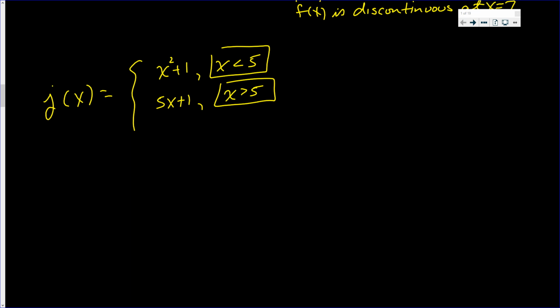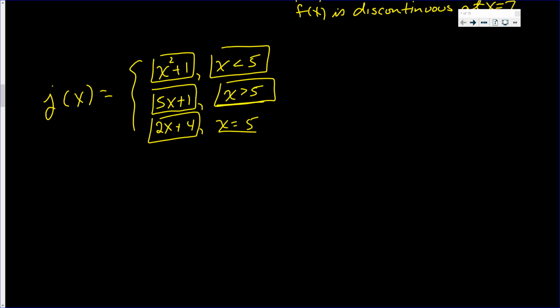There's more. It equals 2x plus 4 if x equals 5. Okay. So now we can find j of 5, because we have a rule for the j function when x is 5. Again, a polynomial is continuous if x is less than 5. Another polynomial, a line, is continuous when x is bigger than 5.